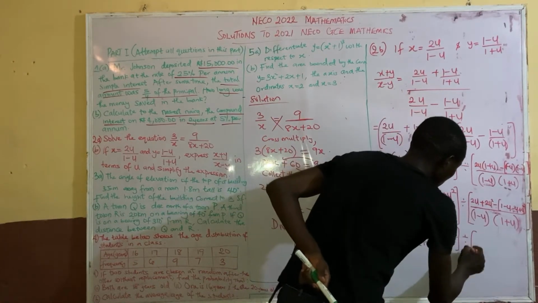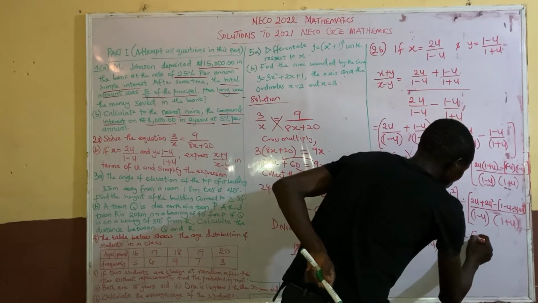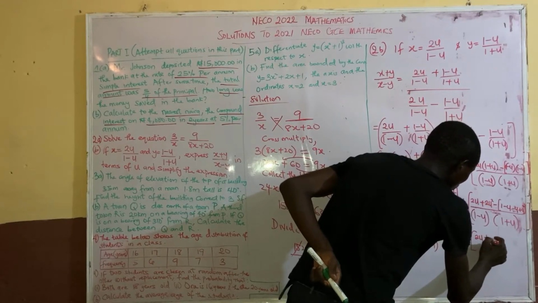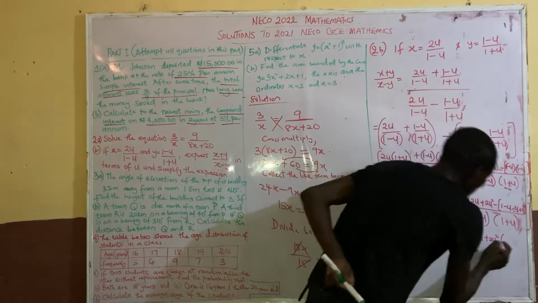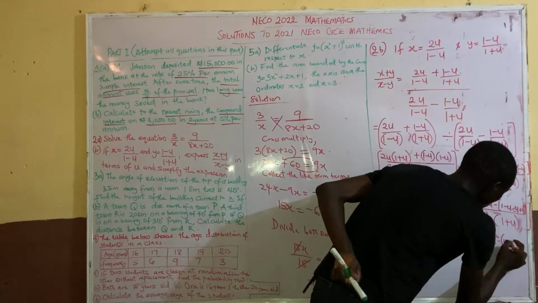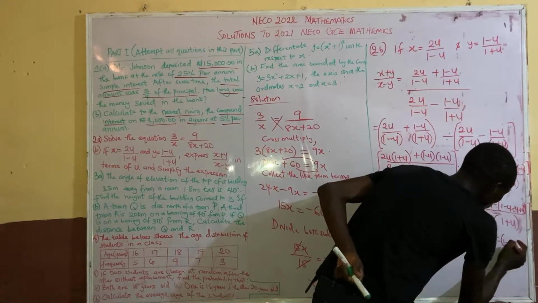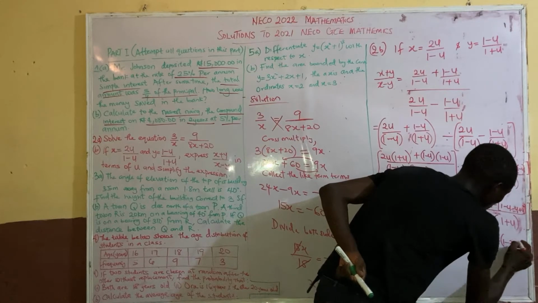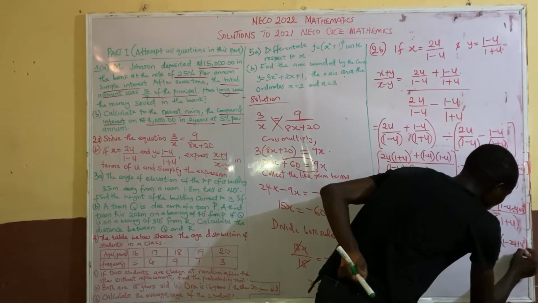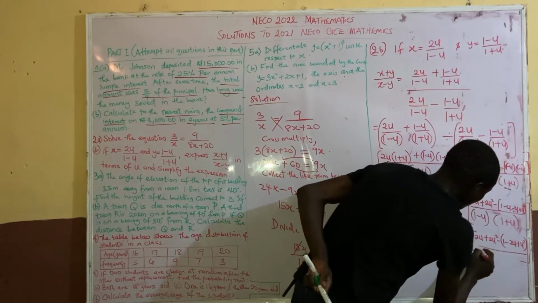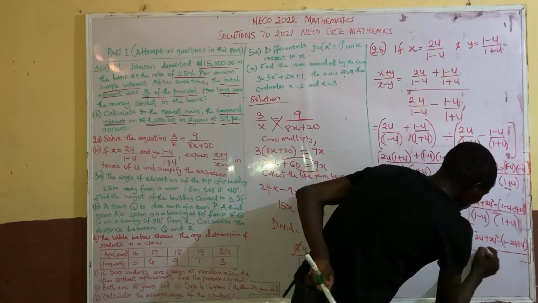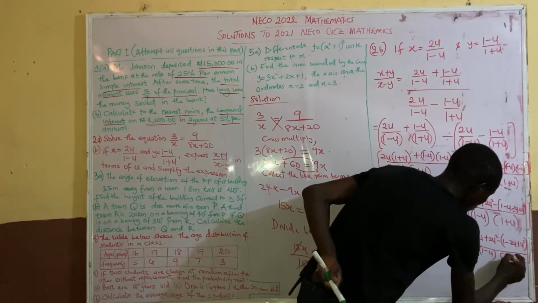Divided by 2u plus 2u squared minus open bracket 1 minus u minus u, well, minus 2u plus u squared bracket close. Then the new bracket here we have 1 minus u, 1 plus u.